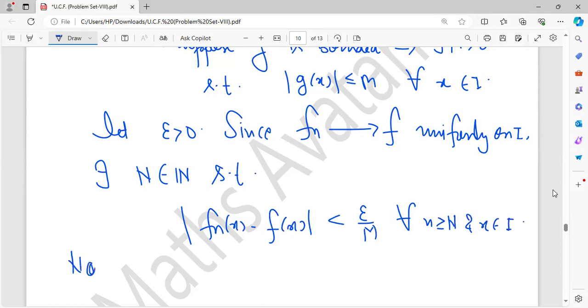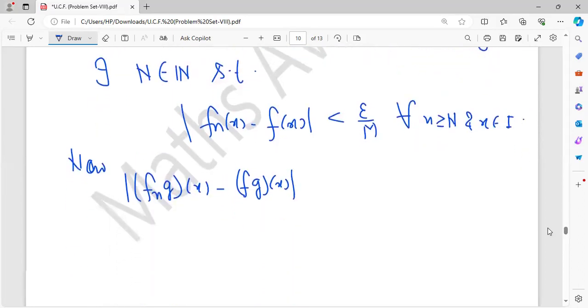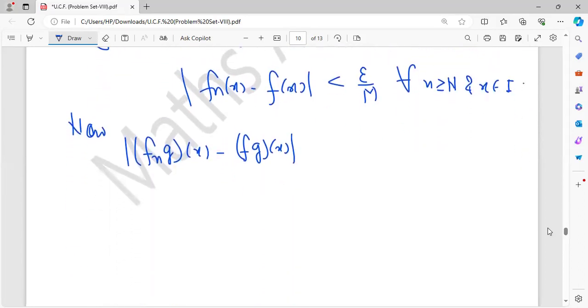Now, what is Fn G(x) minus FG(x)? This is Fn(x) G(x) minus F(x) G(x).